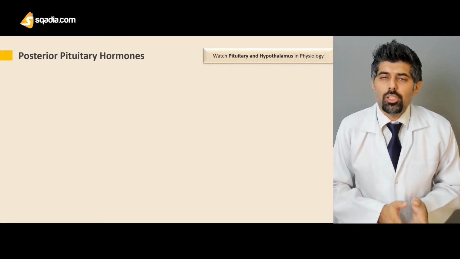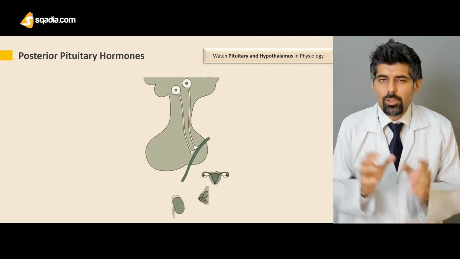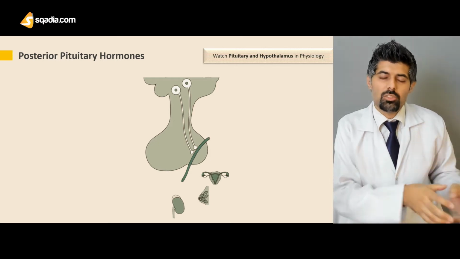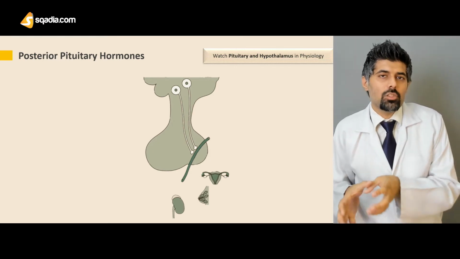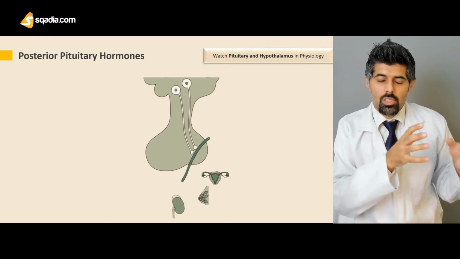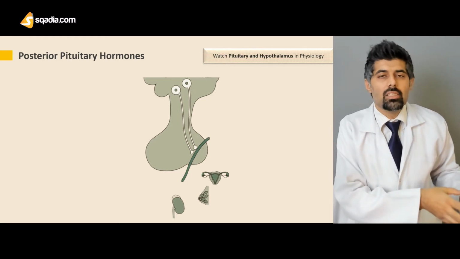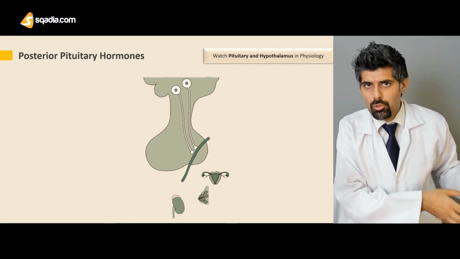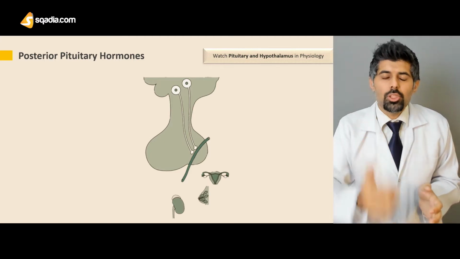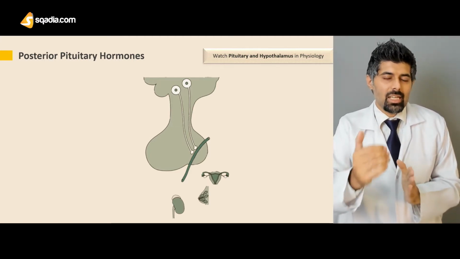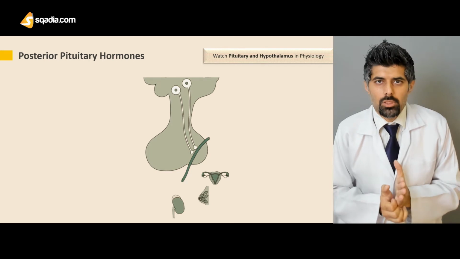Now, as for the posterior pituitary, we have to first look at both the structural and the functional anatomy of both the hypothalamus and the posterior pituitary. The reason being that the posterior pituitary is basically an extension of the hypothalamus.